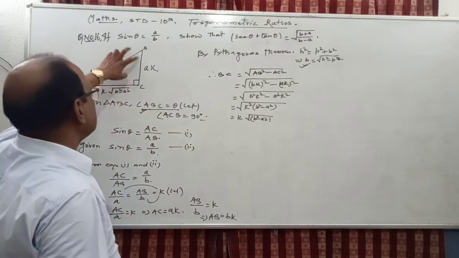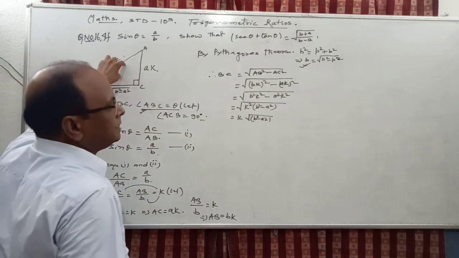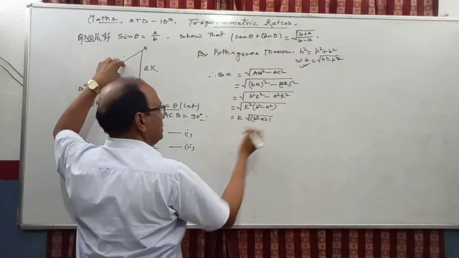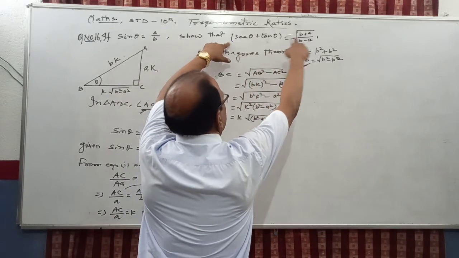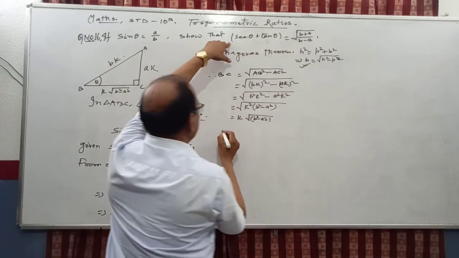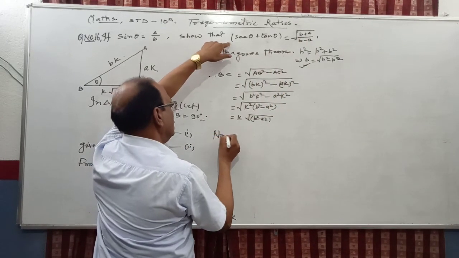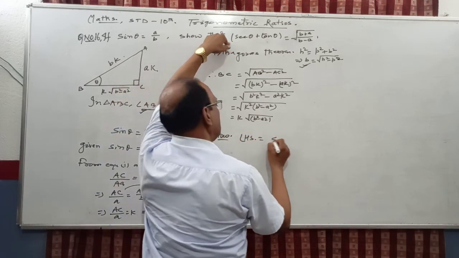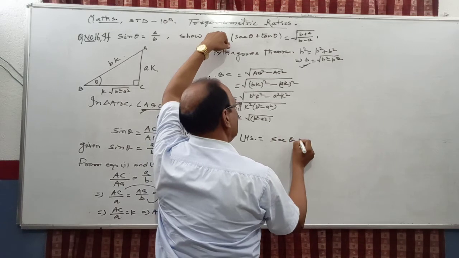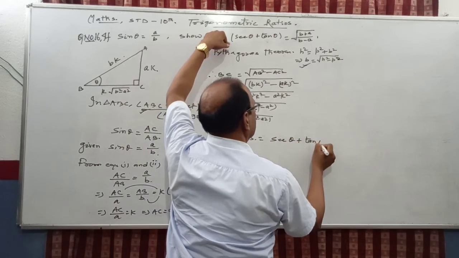Okay. So three sides we have already calculated. Now we go to the question. RHS is here, so we take now LHS, which is sec theta plus tan theta.